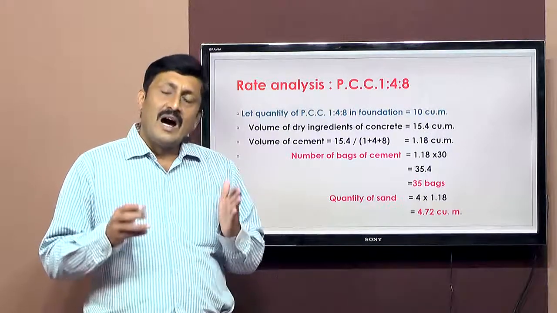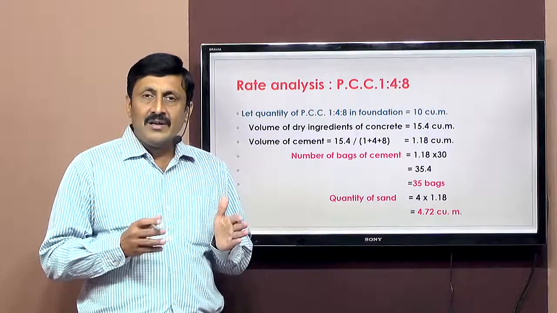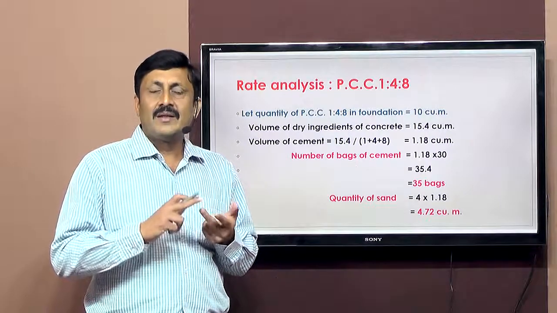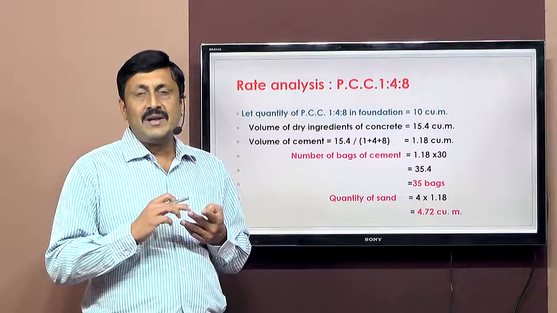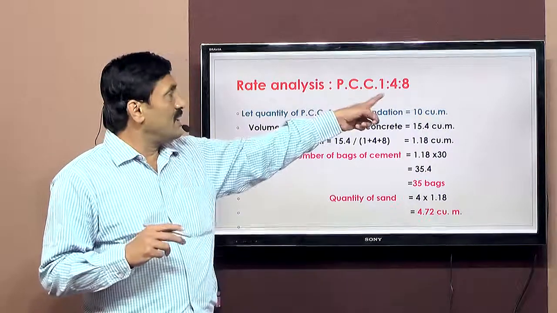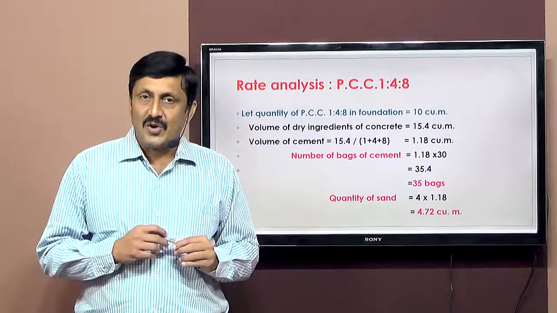Now after getting the volume of dry ingredients of concrete, this 15.4 cubic meters includes cement, sand and aggregates. So cement, sand, aggregates all together in proportion 1:4:8 will form 15.4 cubic meters of concrete.